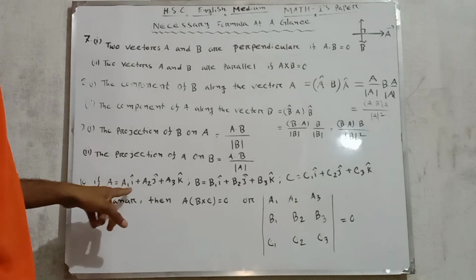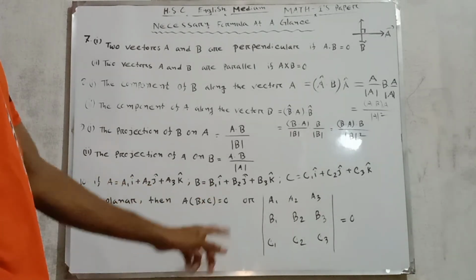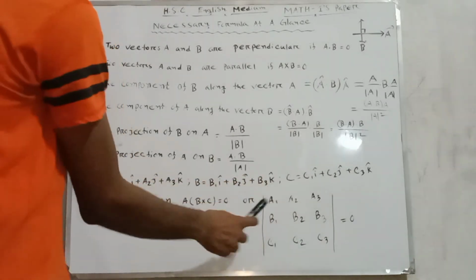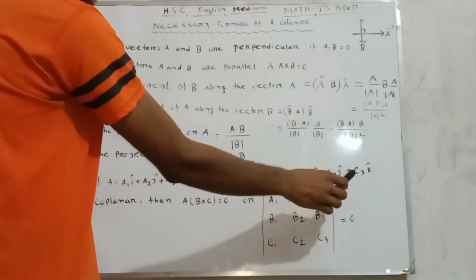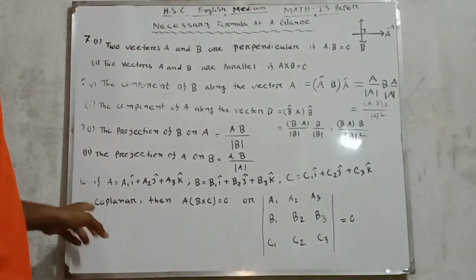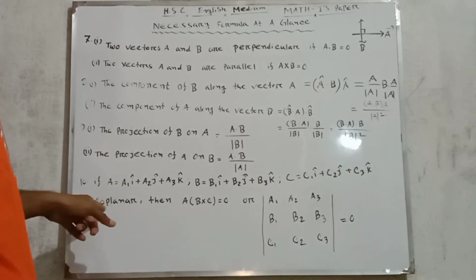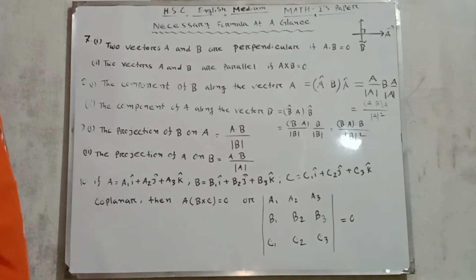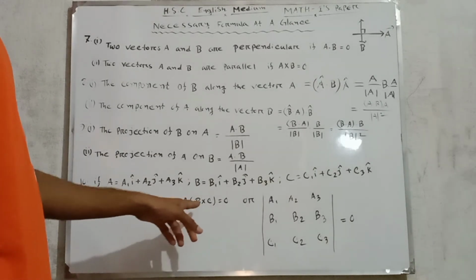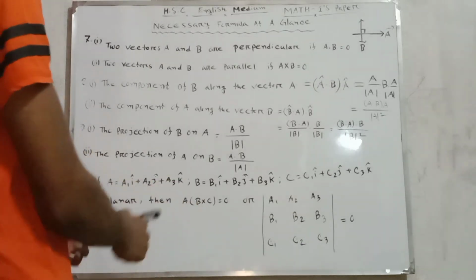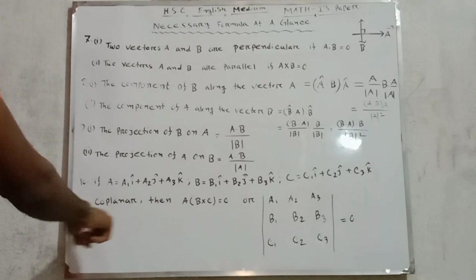Next, formula 10. If A equals A1 I plus A2 J plus A3 K, B equals B1 I plus B2 J plus B3 K, and C equals C1 I plus C2 J plus C3 K, and these three vectors are coplanar, then A dot B cross C equals 0. When coplanar, this is the main factor.